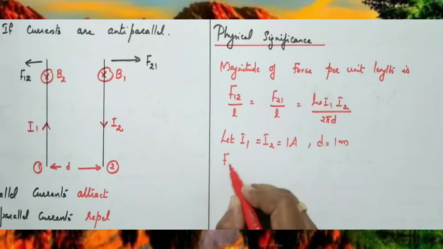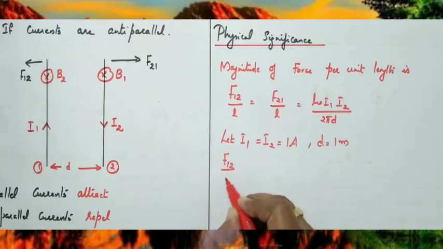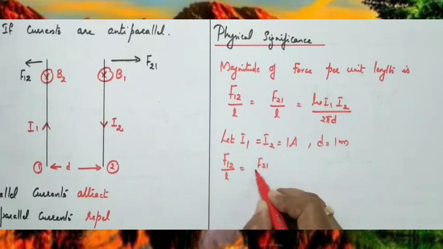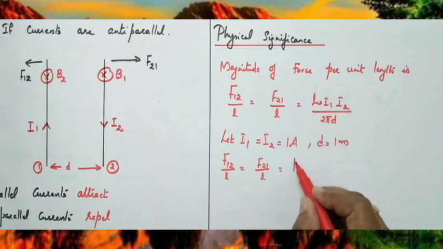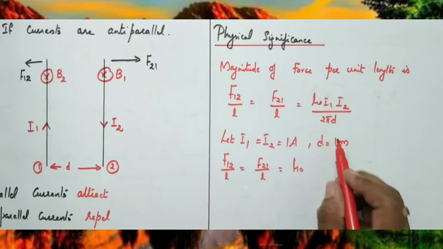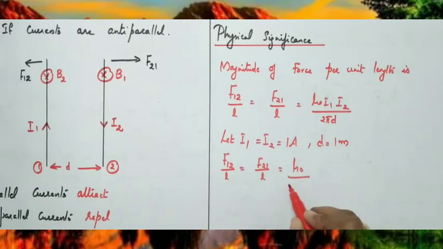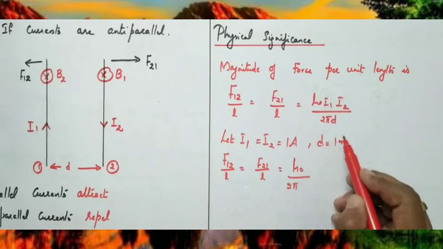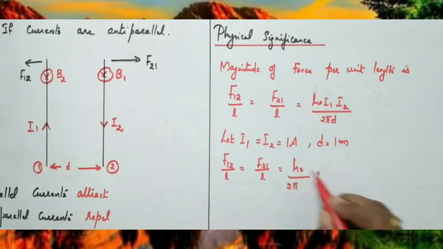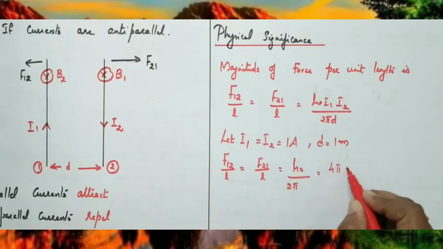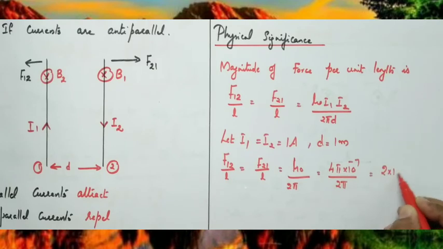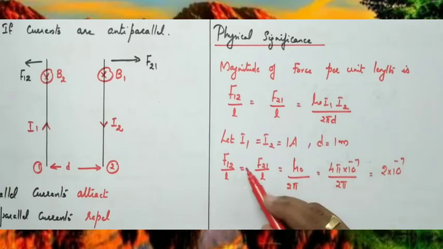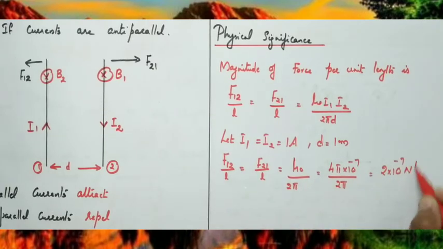Now, what is the force per length? Both are equal. Substituting mu 0 equal to 4 pi into 10 raised to minus 7, I1 and I2 equal to 1 ampere, d equal to 1 meter, divided by 2 pi, it is equal to 2 into 10 raised to minus 7 Newton per meter.